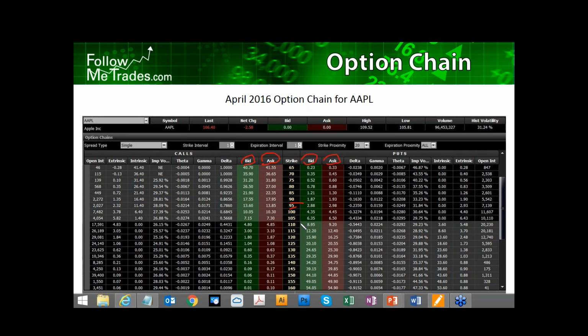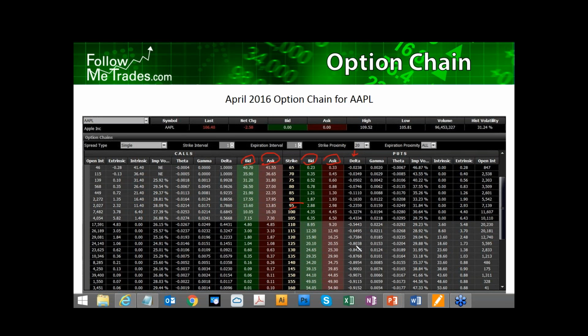always, usually, better to buy in the money contracts. And the reason is this number right here, delta. Delta is the amount that the price of this contract is going to change for a $1 change in the underlying asset. So if we look down here at the 125, this says 0.80.